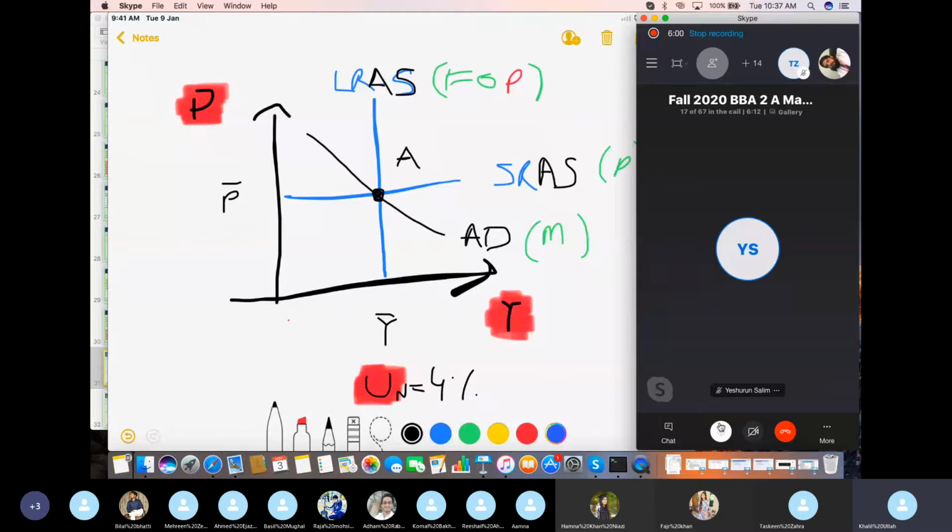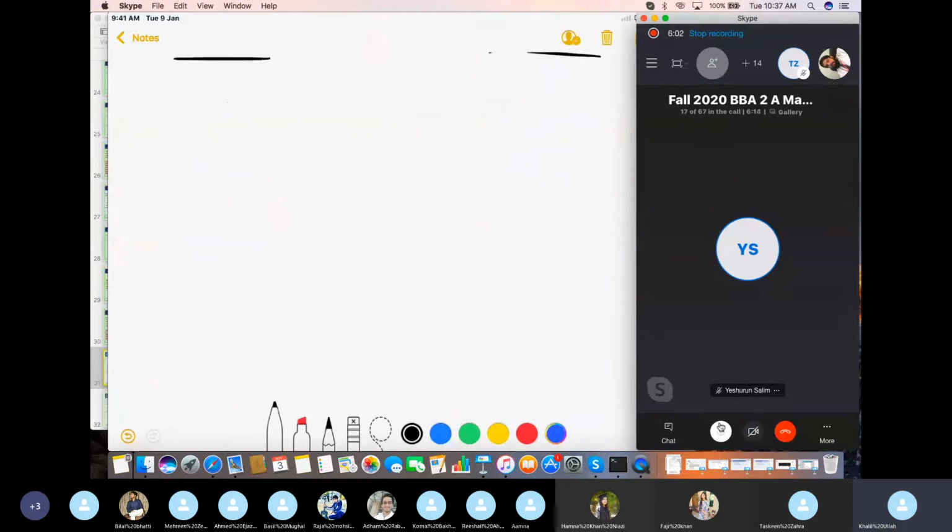Before we go to shocks, I want to explain what endogenous variables are and what exogenous variables are. In economics, there are many different types of variables, but there are two types that you should at least know for this particular model.